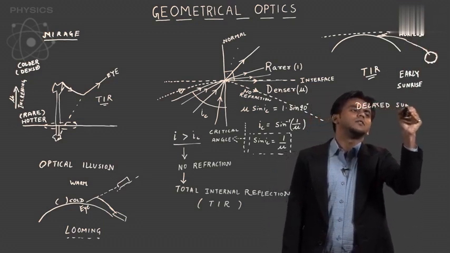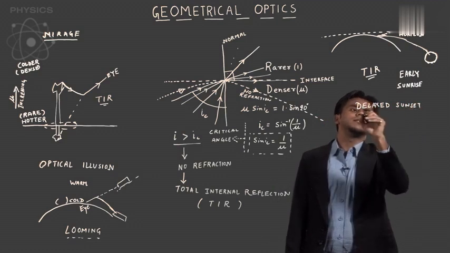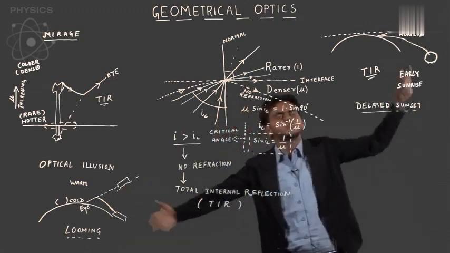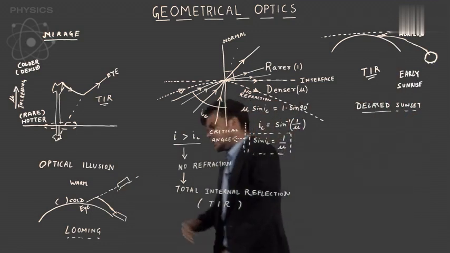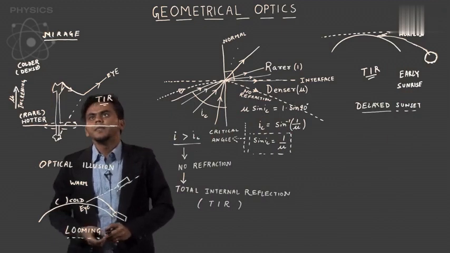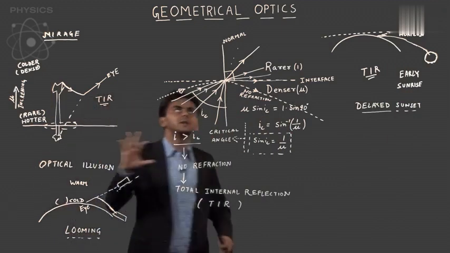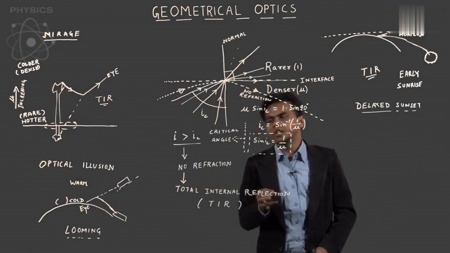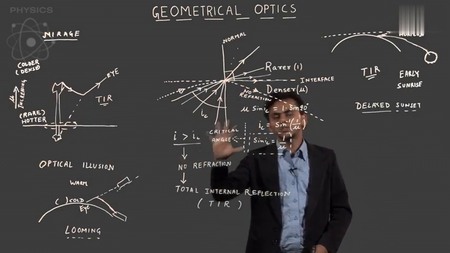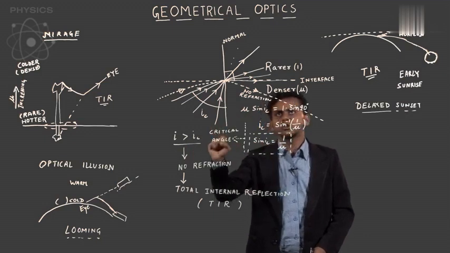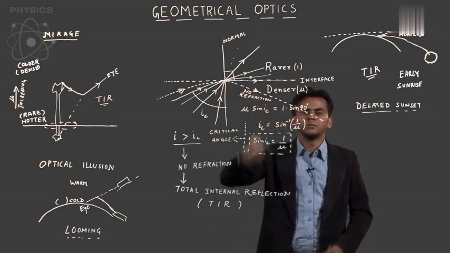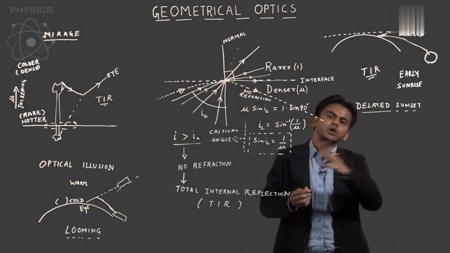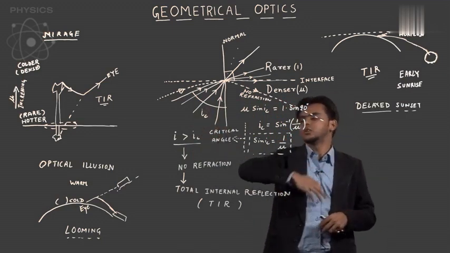Delayed sunset, early sunrise and looming have a very similar sort of diagram, and this is similar to mirage too, and all of these follow the same thing of TIR, total internal reflection, when i is greater than iC, and this is always in the case of going from optically denser to optically rarer medium, which means from a higher mu to a lower mu. It bends away from the normal and gradually refraction goes away, so reflection takes place.